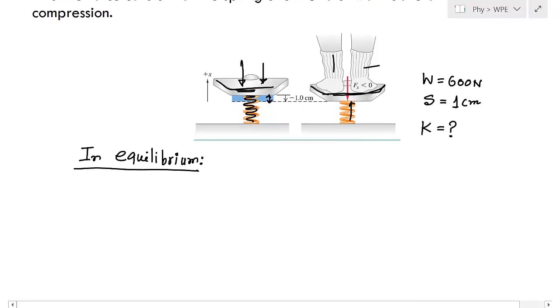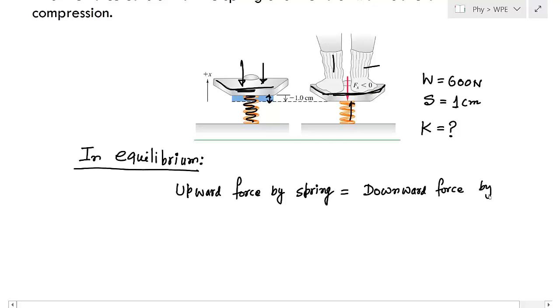So we can write at equilibrium the upward force by the spring will be equal to the downward force by the weight of Bowman. So if you equate these two, you can get the K value, that is the spring constant.